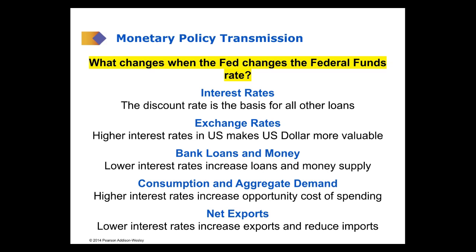All of the bank loans that are made between the banks and businesses, or the banks and citizens, the banks and mortgage holders, are all determined by and work off the federal funds rate. And then the amount of consumption and aggregate demand, as it works its way through the system, are also influenced, along with net exports. So the answer is monetary policy affects really just every part of the economy.